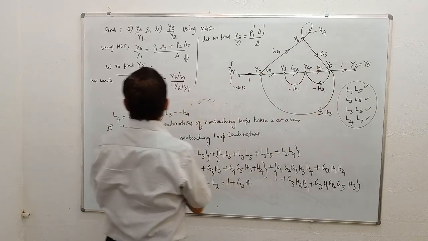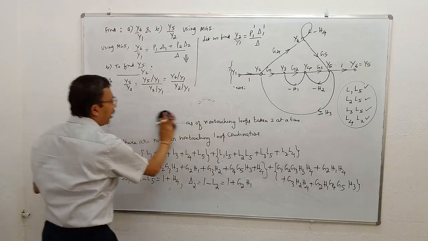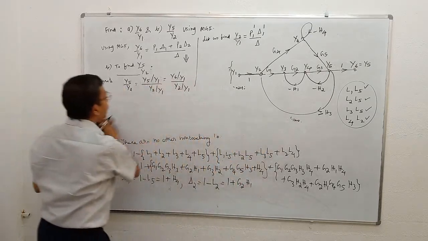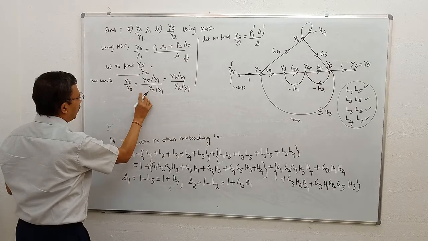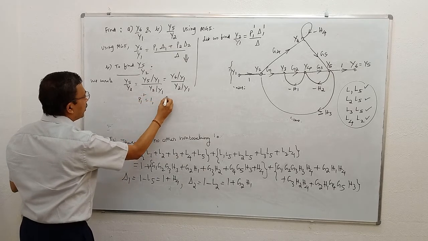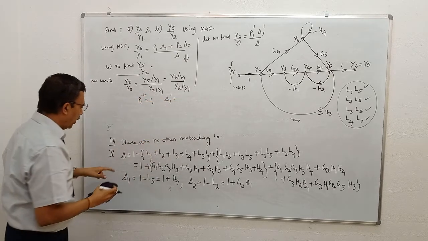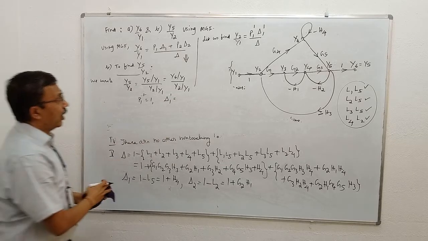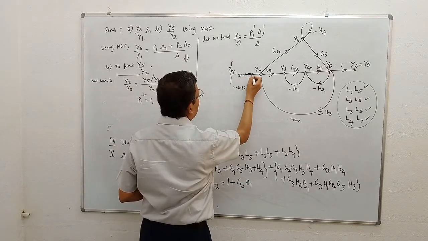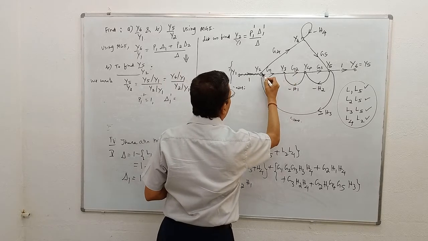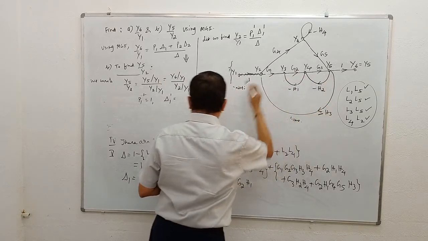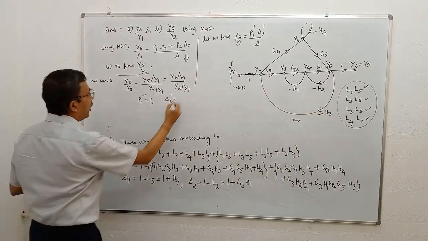That means P1 dash is 1. Delta 1 dash is nothing but a part of delta. I repeat, to this forward path, loop number 1 is touching. That means L1 will become 0 in delta.